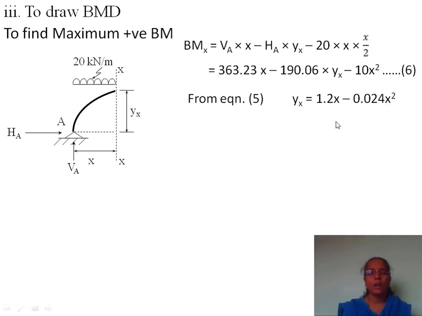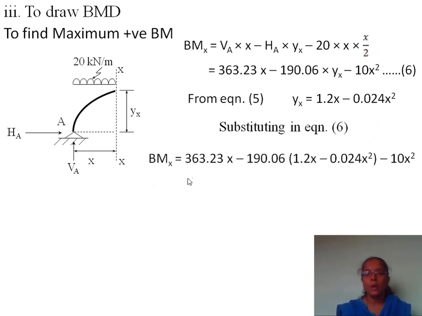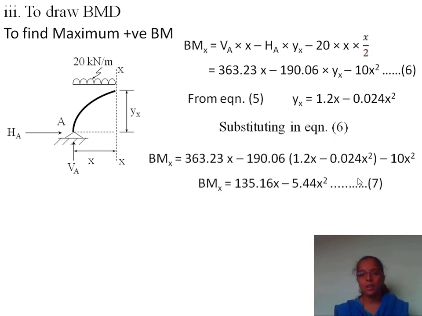So let us substitute this yx into the above equation, that is equation 6. So bending moment at x will be 363.23x minus 190.06 into yx, that is 1.2x minus 0.024 x square, minus 10x square. If we simplify it, we will get the bending moment equation as 135.16x minus 5.44 x square.